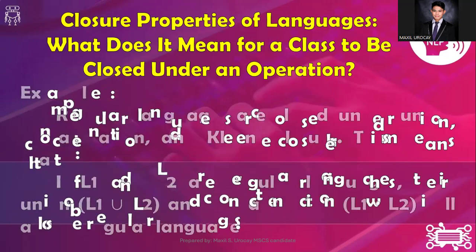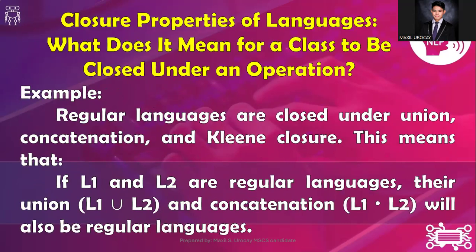Now, the example for that: regular languages are closed under union and concatenation. This means that if L1 and L2 are regular languages, their union, L1 ∪ L2, and concatenation, L1 · L2, will also be regular languages.